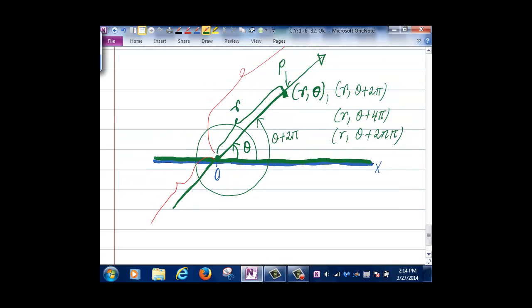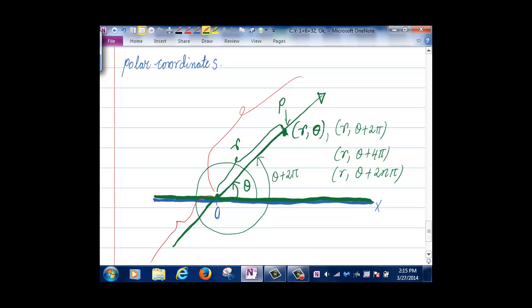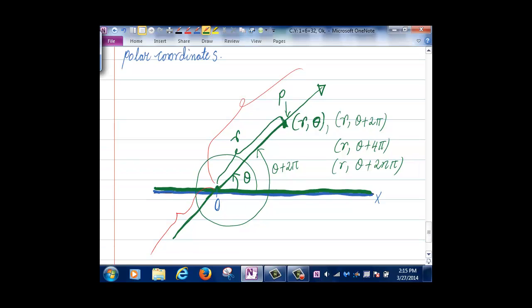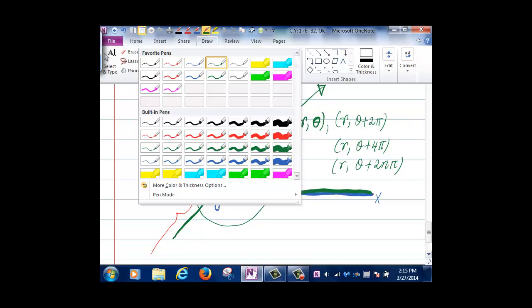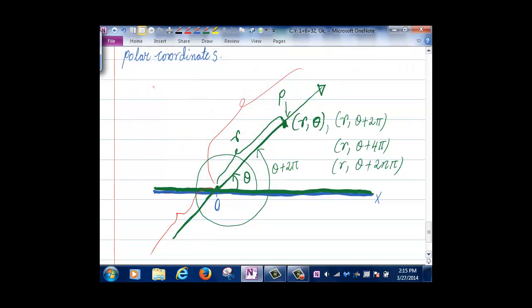Let me make another picture. Let me use another color here. Is the x-axis below the polar axis? No, I wrote the x-axis down because the x-axis is the initial position.